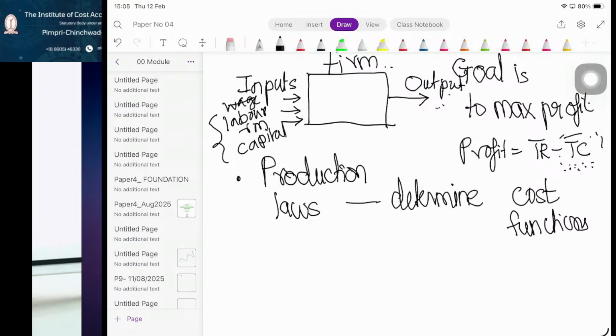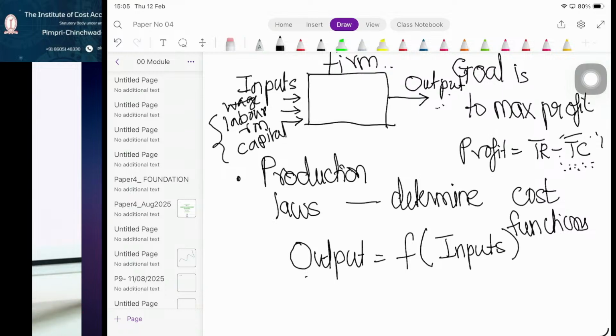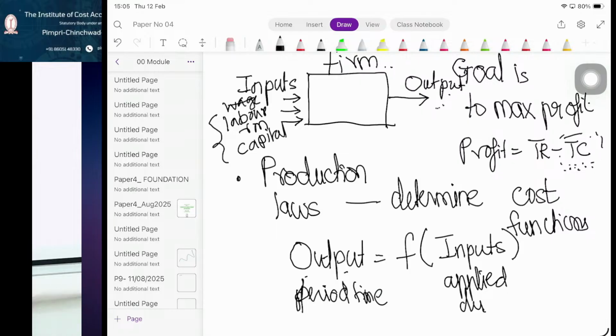So we have a transformation relation. I can write this: output is a function of inputs. Output produced during a period of time is a function of inputs applied during the period of time. Have you all got this?